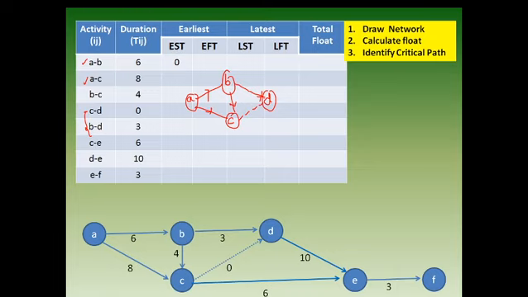From C to E, D to E, E to F. This is nothing but our drawing of the network diagram, whose clear representation is given here. Duration of activities is also given.